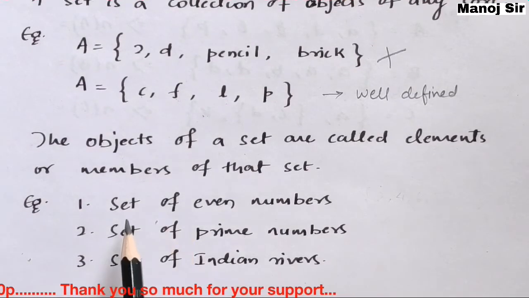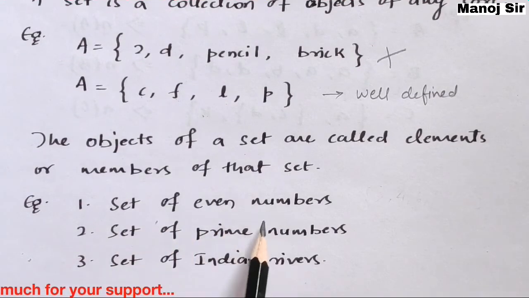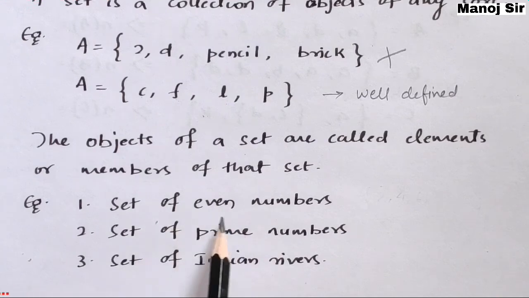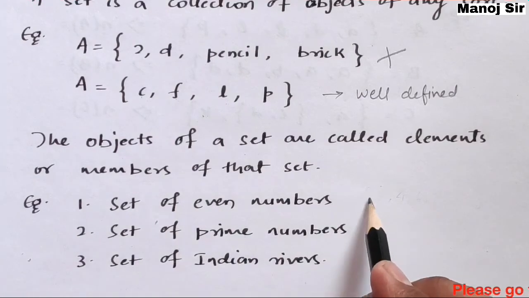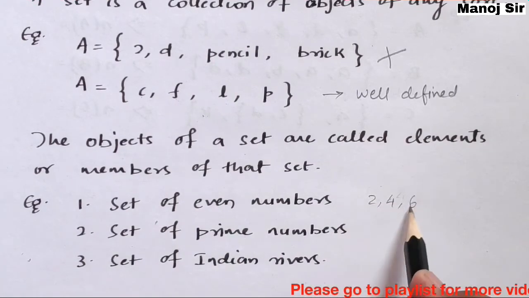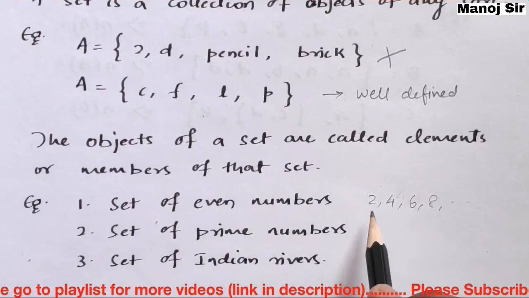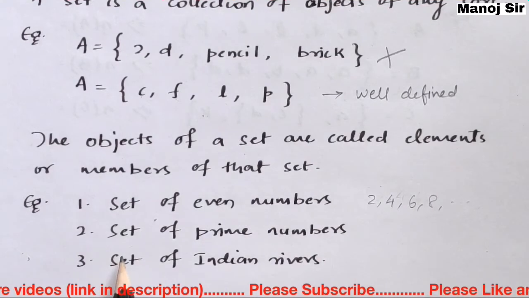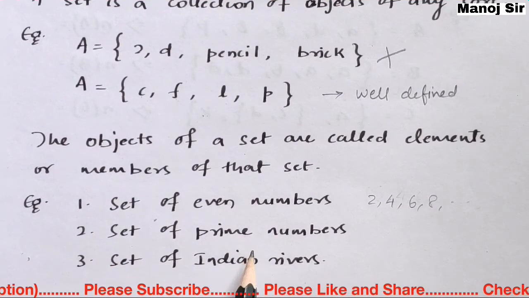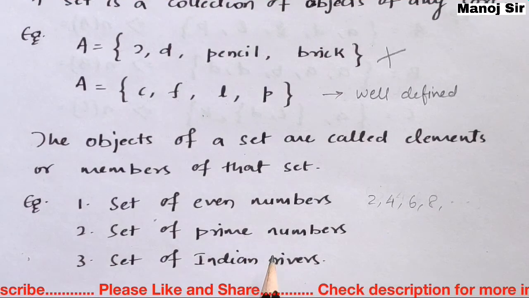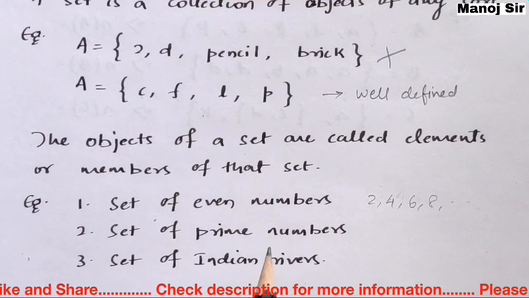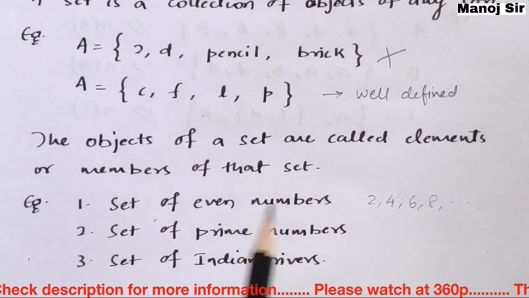First example: set of even numbers. If you take even numbers, that is 2, 4, 6, 8 and so on, these all form a set of even numbers. Second is the set of prime numbers. What is a prime number? Those numbers which are divisible only by 1 or by itself.